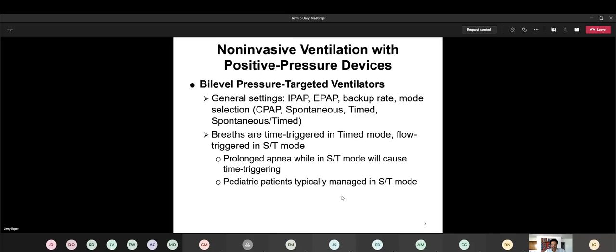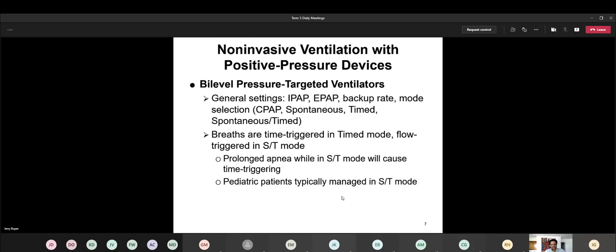So when you're setting it up in a time mode, then for sure, each breath would be time triggered. The machine will know how many breaths per minute that it needs to deliver.